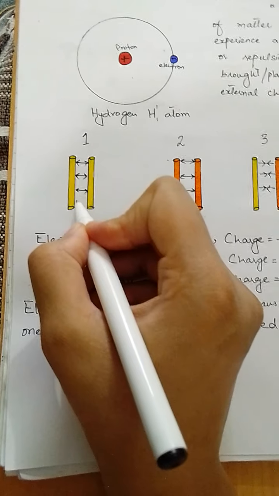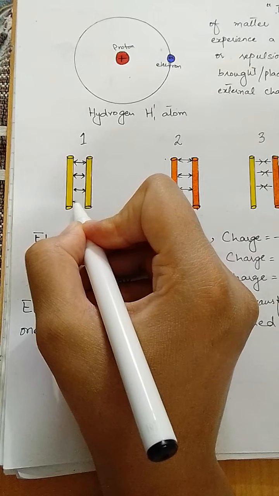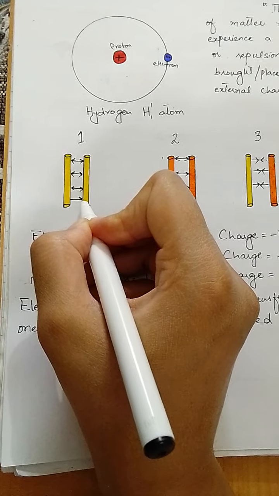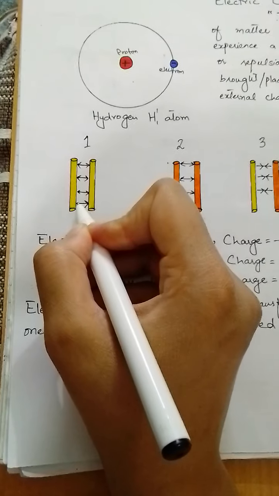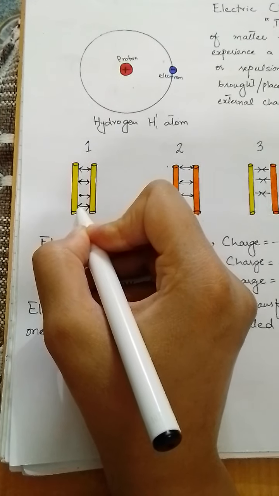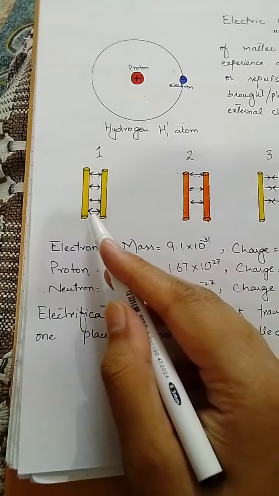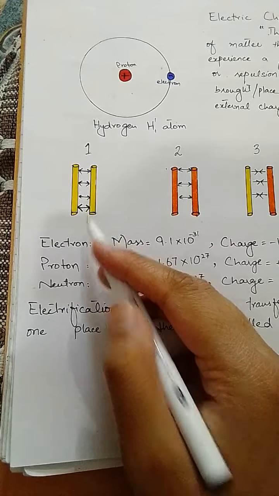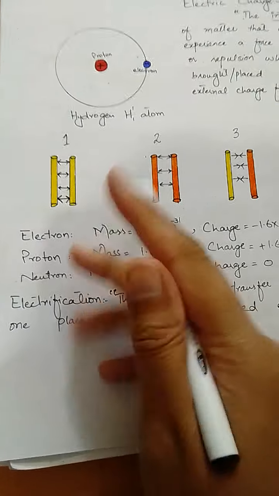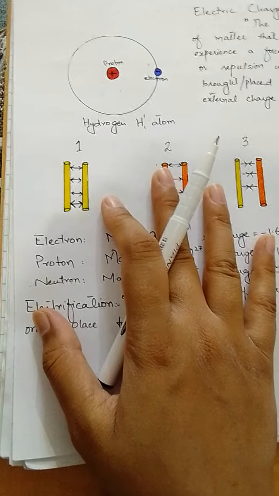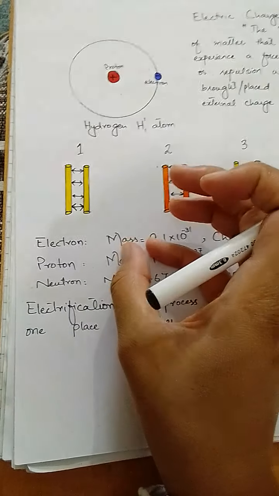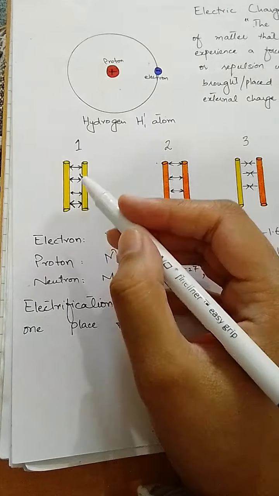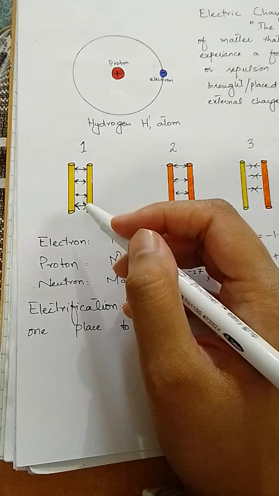This glass rod will exert a force on this one, and this one will exert a force on that one, but these forces will be repulsive. They will repel each other. They won't try to be in contact with each other. They will try to stay away from each other.